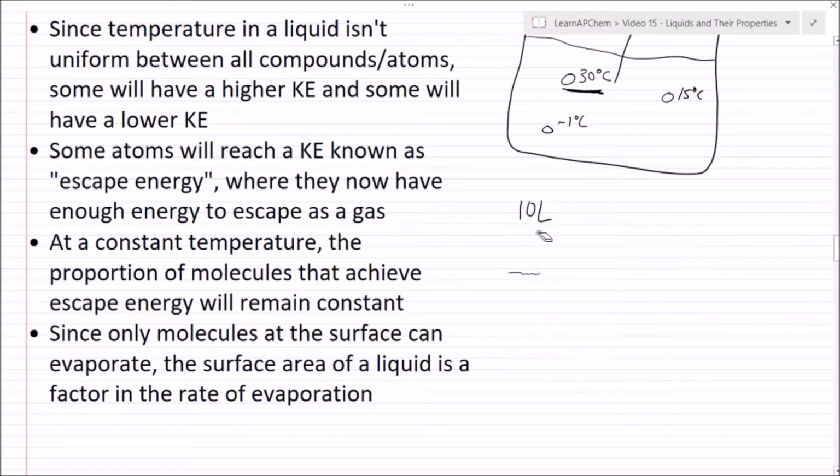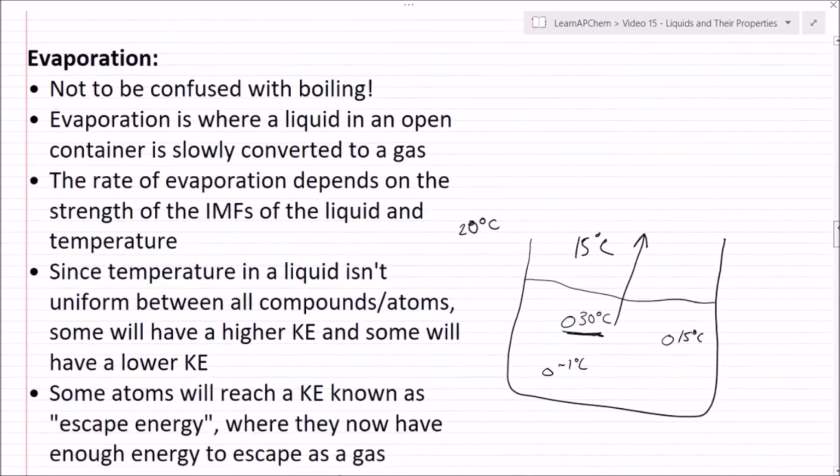Now, I mentioned earlier that temperature was a factor in evaporation, but that didn't have anything to do with the IMFs. And this is because at a higher temperature, we're going to have more things that will reach escape energy.